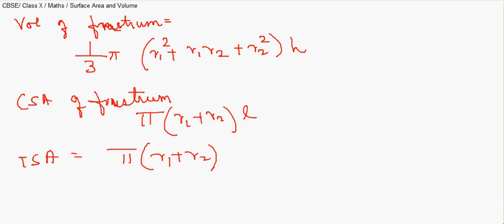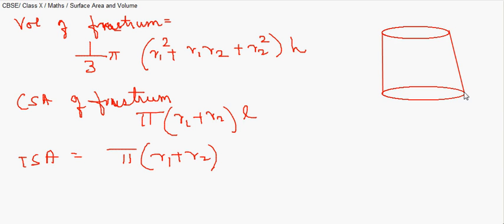I hope you know how a frustum would look like. That is like a bucket. The upper part is a cone which has been cut from within. So pi (R1 plus R2) L plus pi R1 square plus pi R2 square.